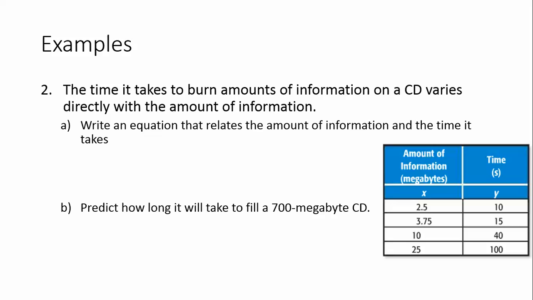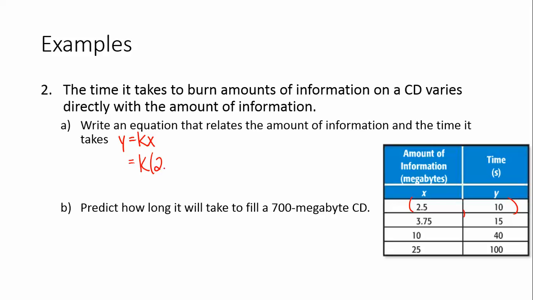So the first thing you want to do is find the value of k using the equation y equals kx. Once we find k, we can substitute it in and we'll have our equation. So we can choose any point in the table and then solve for k. I'm just going to use this first point, 2.5, 10. I don't know what k is.